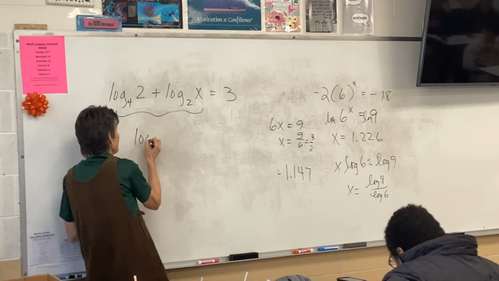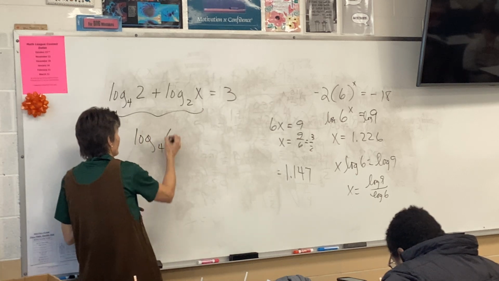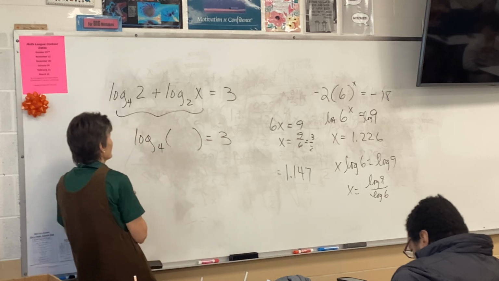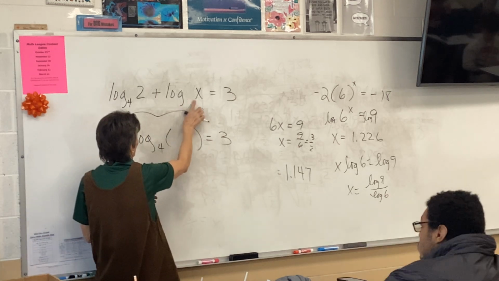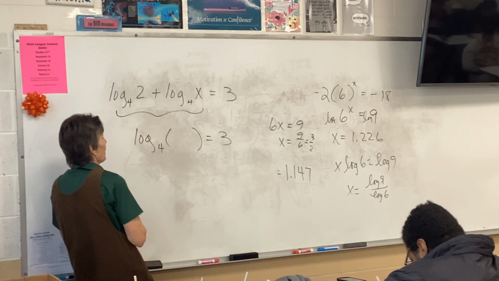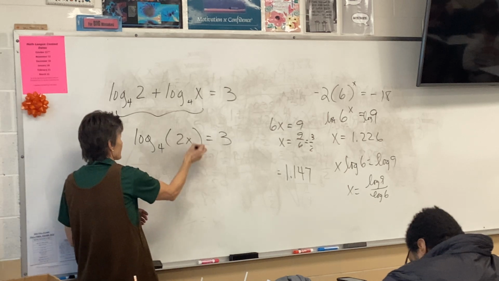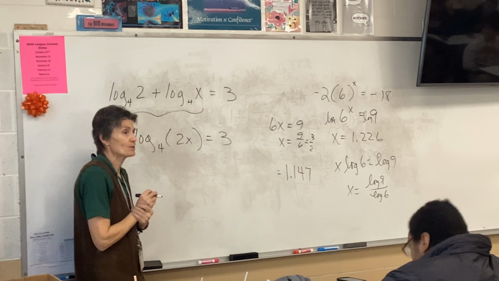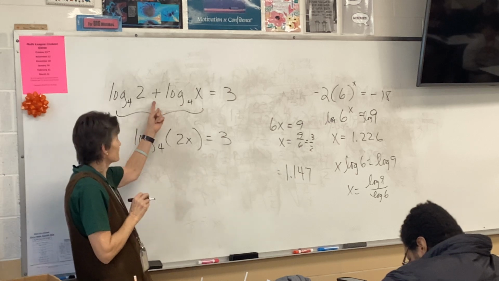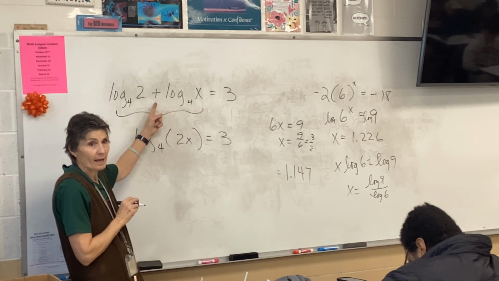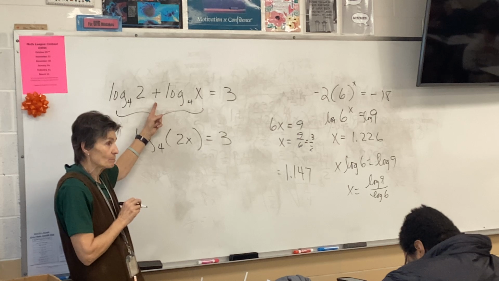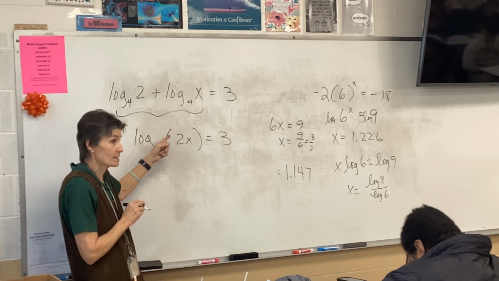They're gonna go together. Oh, that should be a 4. How are they gonna go together? 2 times x. Why are they going together as 2 times x? Because these are added together. If that had been subtracted, it would be 2 over x.